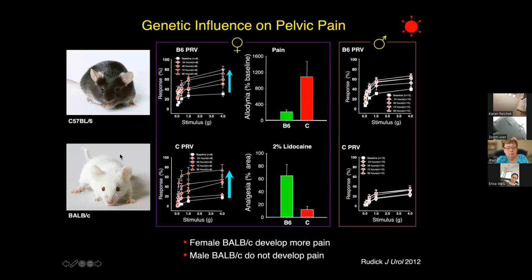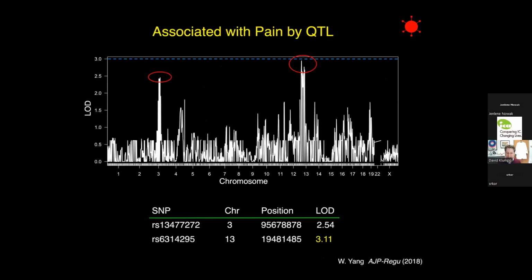When we infected those in our acute model of IC with our chickenpox virus, we saw a big difference in the amount of pain. These mice here suffered a lot more pelvic allodynia than our B6 mice did. We used this along with a semi-complicated genetic approach that I'm not going to describe, to identify regions of the mouse genome that were implicated in this pelvic pain sensitivity.